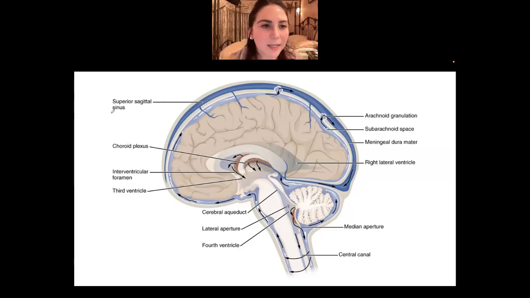And I don't think I went into the dura, arachnoid, and then pia mater. But, no, I actually don't have it on here. It's the three coverings, the meninges, the outside part of the brain. It's covered by three layers: the dura, the arachnoid, and then the pia.